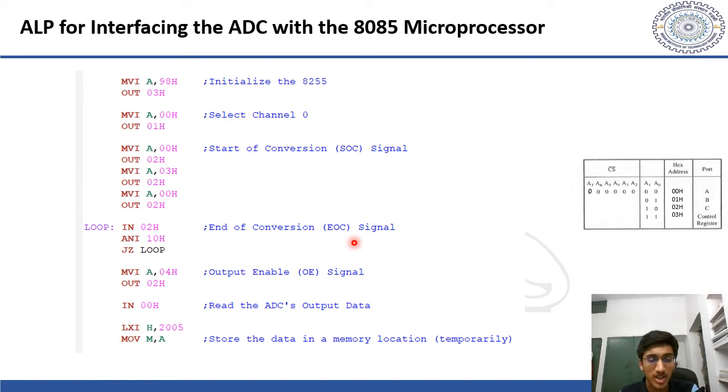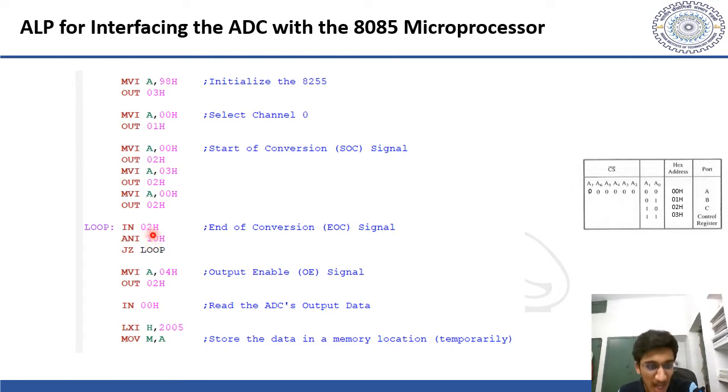But the 8085 microprocessor needs to check whether it has received the end of conversion signal. As I had previously shown in a diagram, for this particular example, the end of conversion signal is obtained via the PC4 line, which belongs to the C upper port of the 8255. Consequently, we are going to mask the other bits and only consider the PC4 bit of the C upper port.